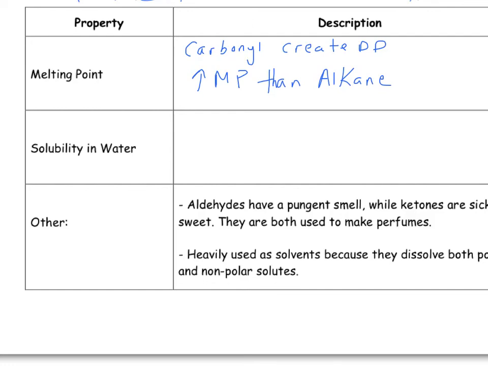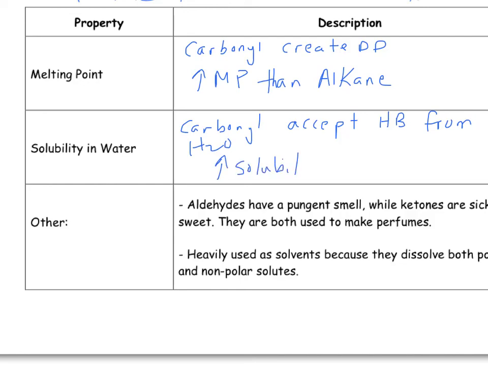For solubility in water, there is no H directly attached to the O for the carbonyl group, but there is an O there. So the carbonyl can actually accept hydrogen bonds. This makes aldehydes and ketones have higher solubilities than alkanes do.